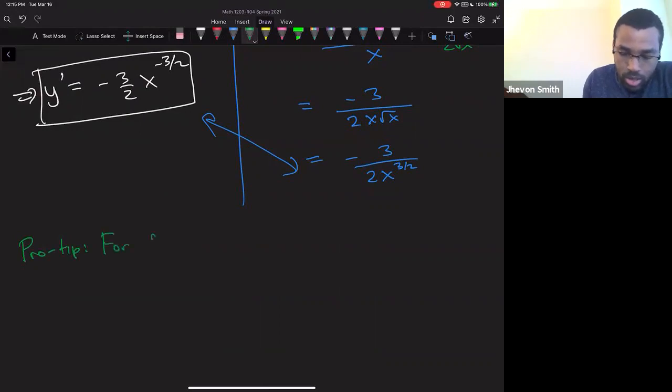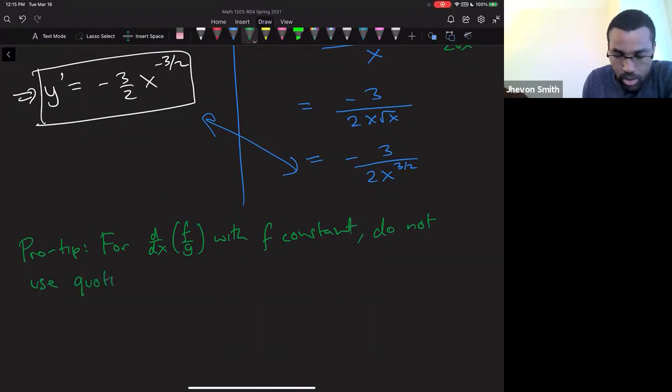For d dx of f over g with f constant, do not use quotient rule. It's overkill.